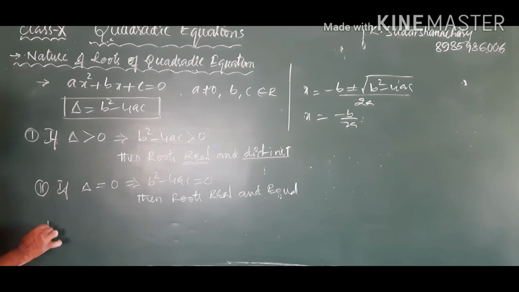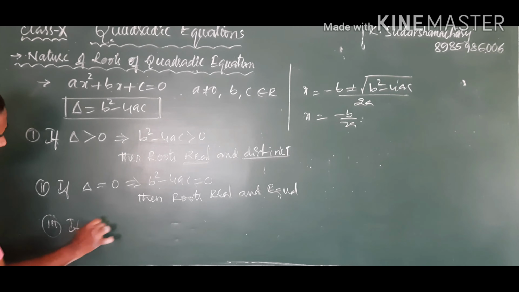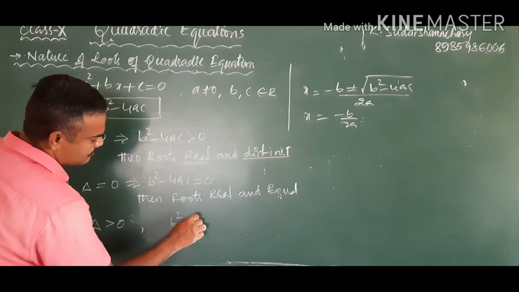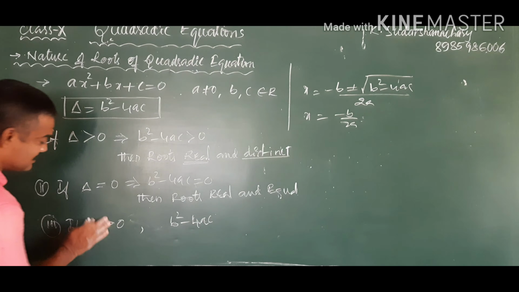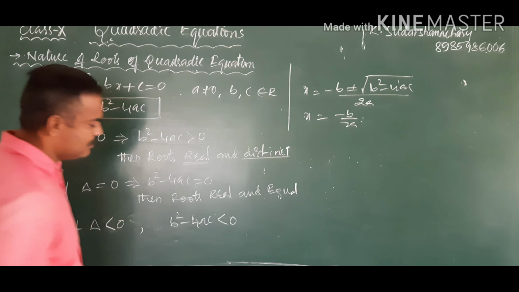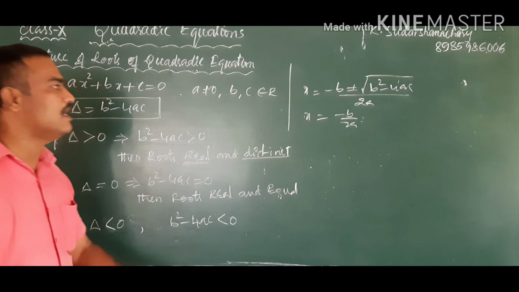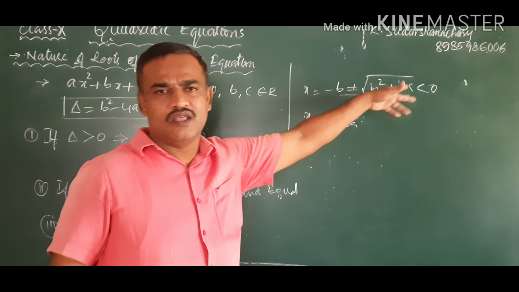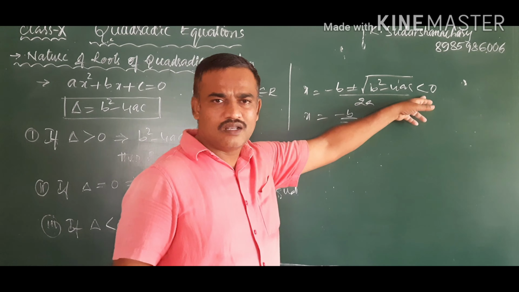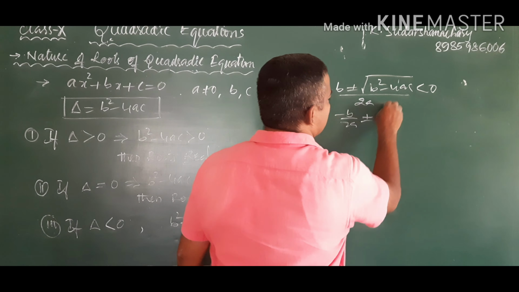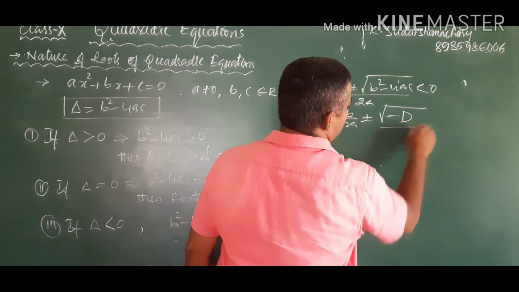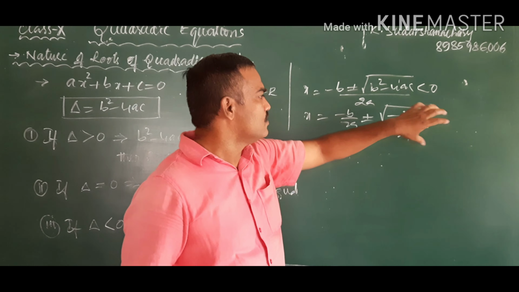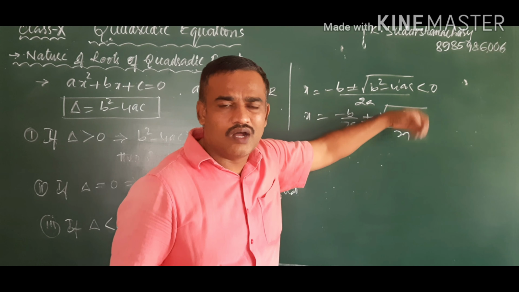Now the third one, if delta, that is b² - 4ac, is less than 0, then the radicand contains a negative number. When the radicand is a negative number, that gives complex imaginary roots, so we can't get a real number.